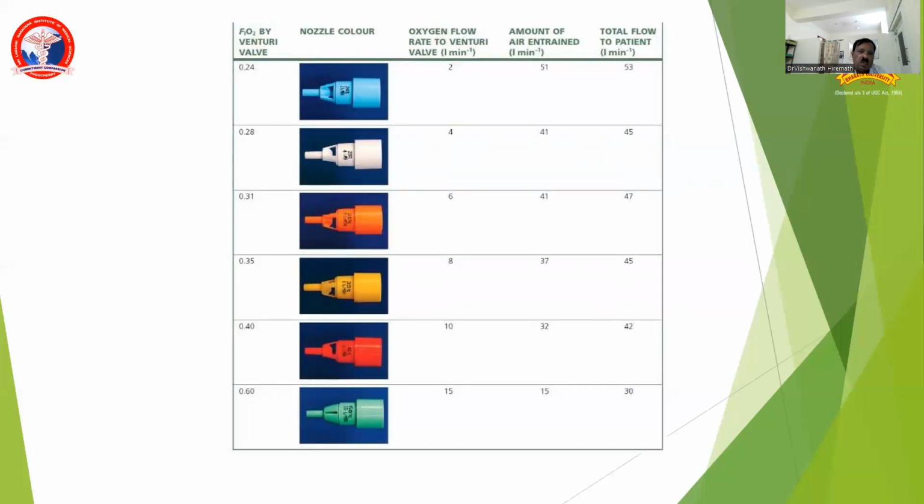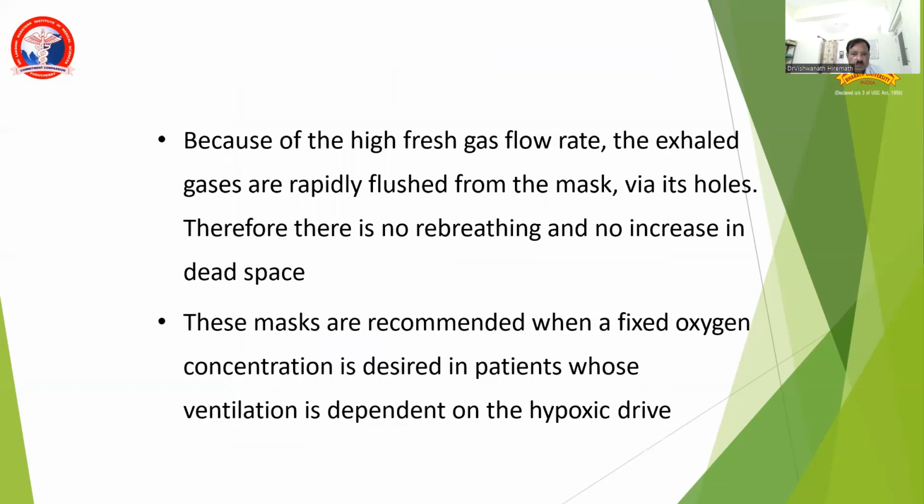The oxygen flow rate is variable from 2 liters to 15 liters, and in order to maintain the total flow, air entrainment occurs, and the oxygen concentration is maintained.